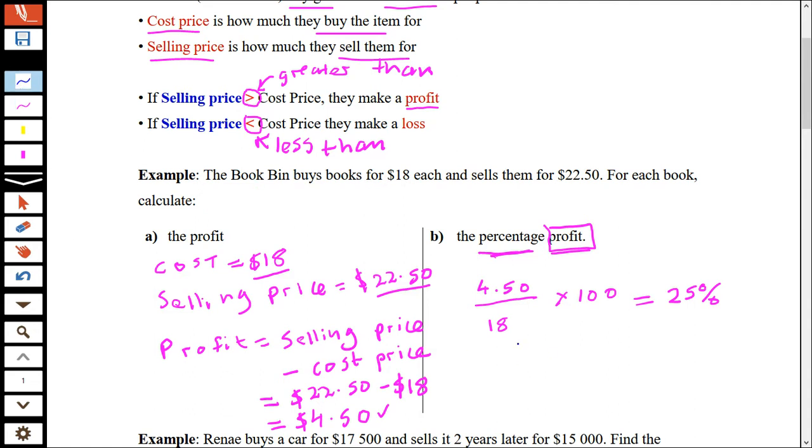All right, so 25%. So if you were to label those numbers, if you want a little formula, that number there goes in the denominator. That is the cost price. And this number here is your profit.